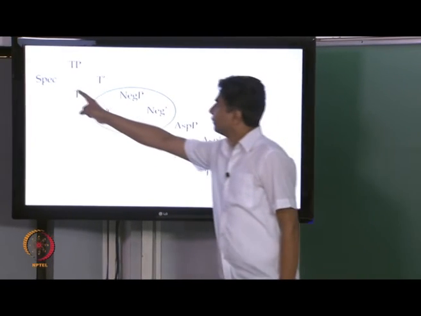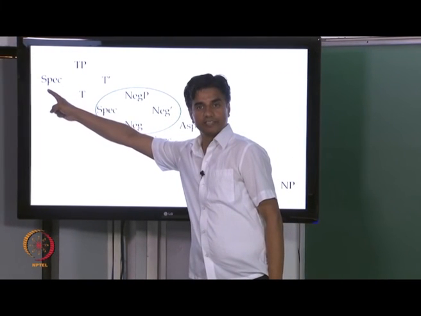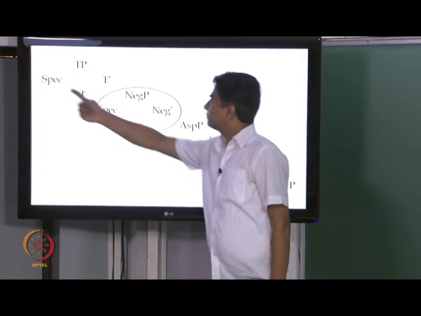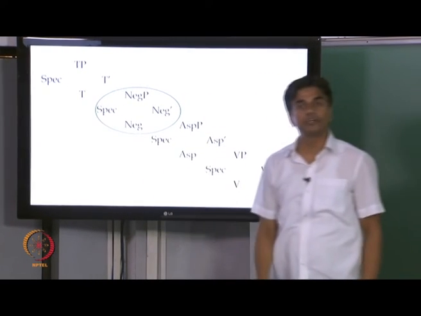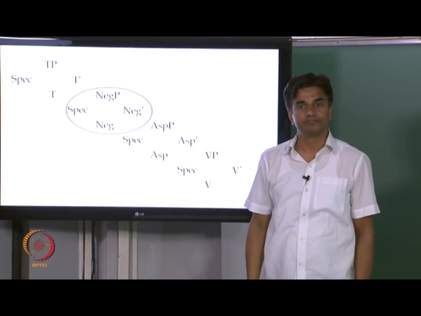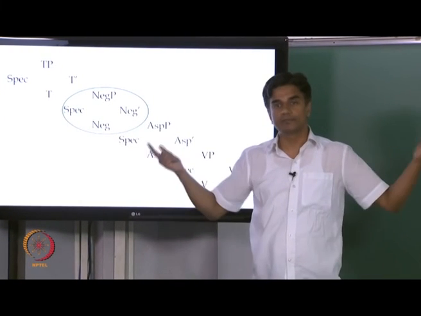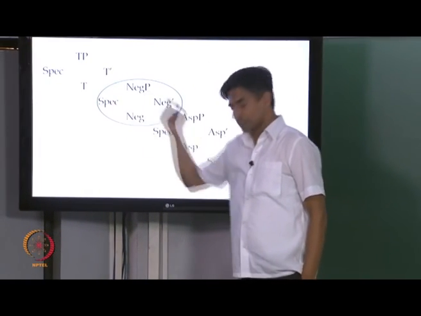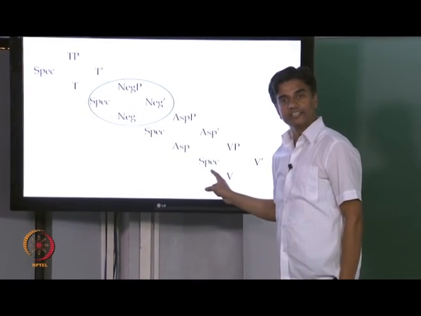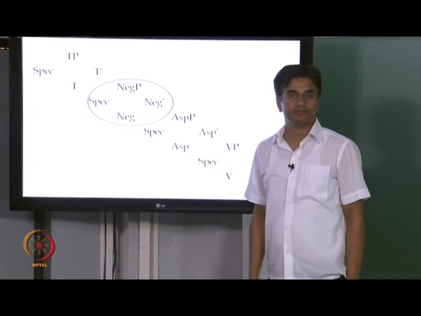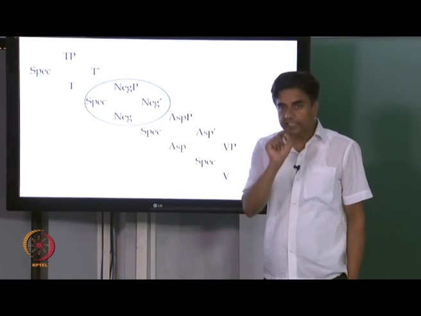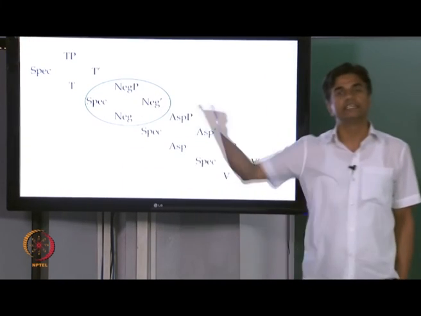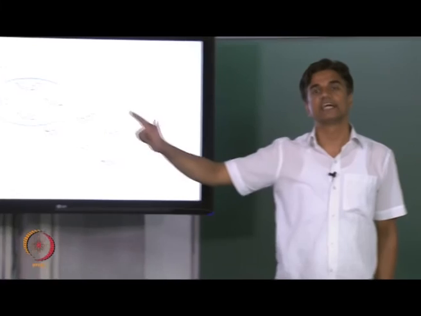Then, if we allow the subject to be here in the spec of TP, then we know that spec of TP is not in the C-commanding domain of negation. Then we need to say something else. But if we allow the subject originating here, then it's in the C-commanding domain. And we have a convincing logic to say that before it moves for anything, the licensing has already taken place.